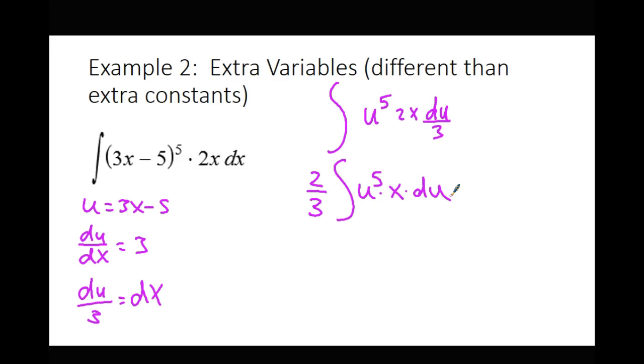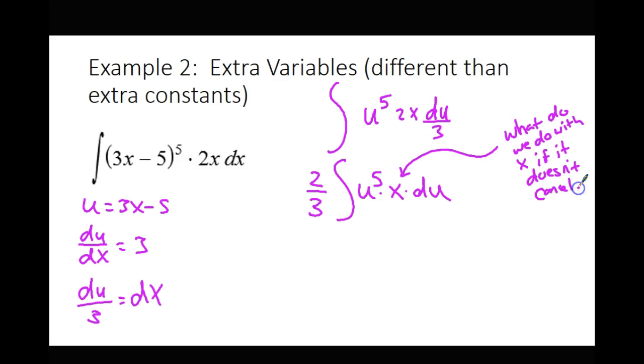So what do we do with the extra x? What do we do with the x if it doesn't cancel out? That's the question. I'll pause here while some of you are catching up on your writing.